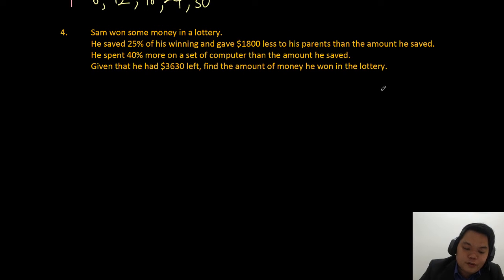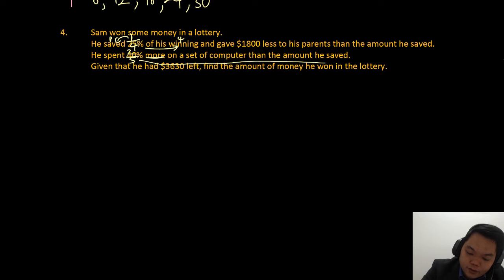Okay, to deal with this, allocate your units first. Okay, change this to 1 out of 4. 4 goes to his winnings, and he saved 1 of it. Correct? Then over here, the next line, he spent 40% more, which means to say that this is 2 out of 5. Keyword here is more, so be careful. On the computer than the amount that he saved.